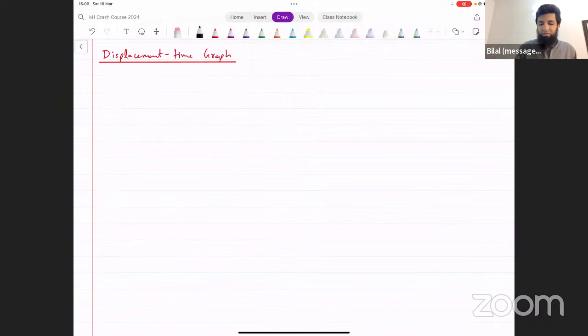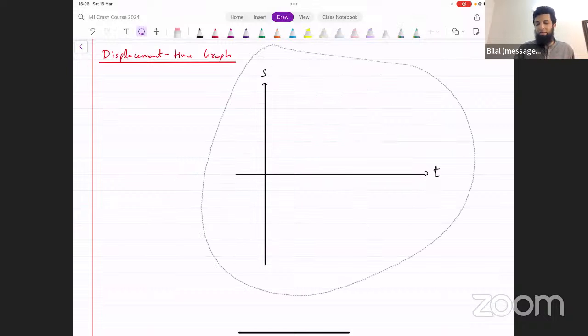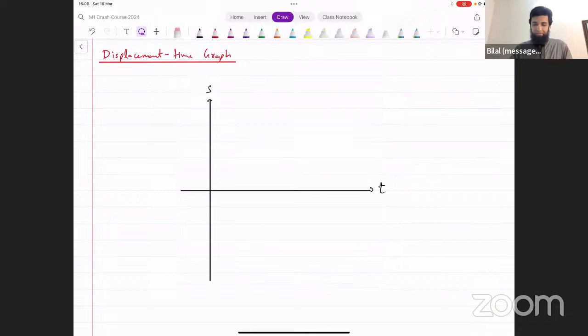Let's say we have a graph that looks like this. This is displacement on the vertical axis, time on the horizontal axis. That's how it's always going to be. Time is always on the horizontal axis, and you're not going to have anything on the negative side of time. Displacement and velocity can be negative, but time cannot be negative, of course.